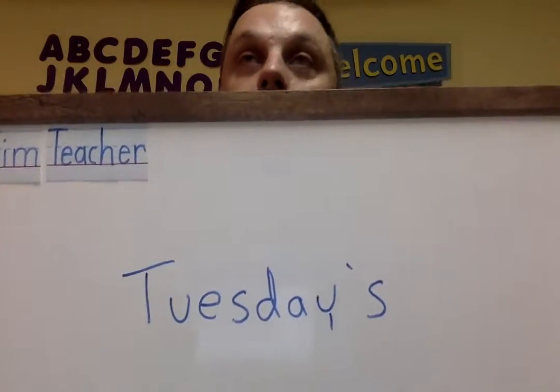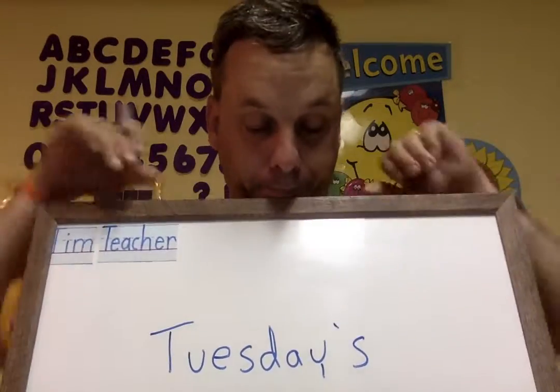Speaking of plural and possessive problems, I went to a McDonald's the other day, and they had a sign that said they were having interviews on Tuesday's from 2 to 4.